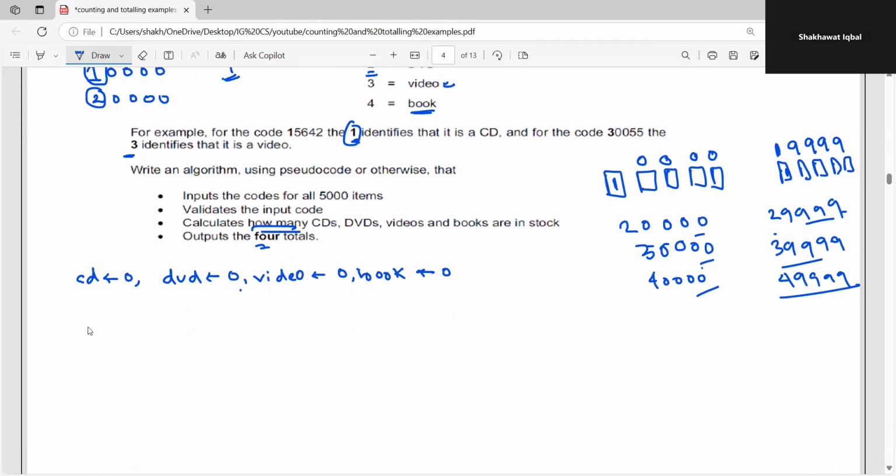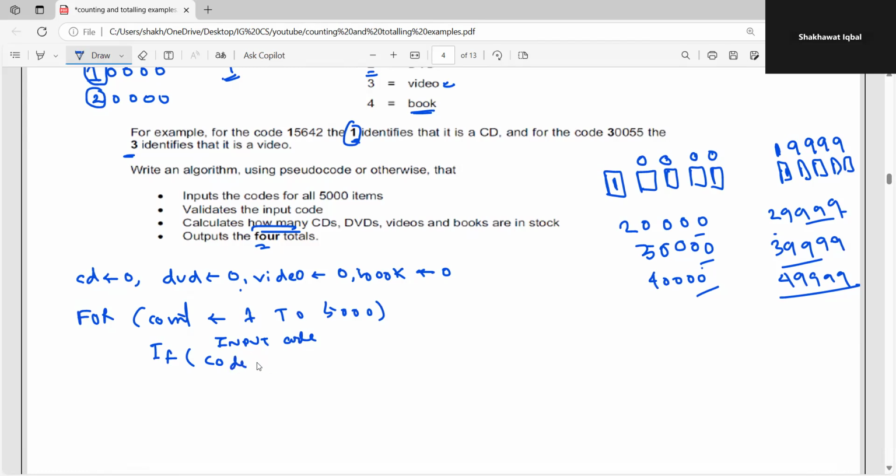So we have 5,000 items. So for count is 1 to 5,000. So we'll write input code.